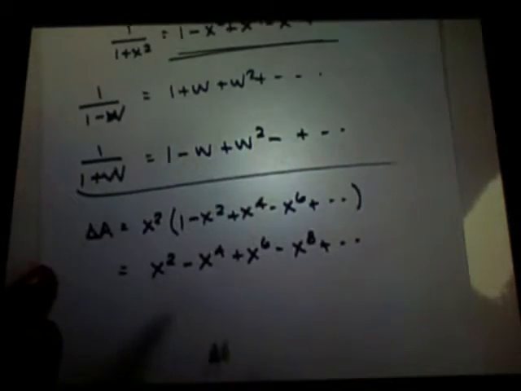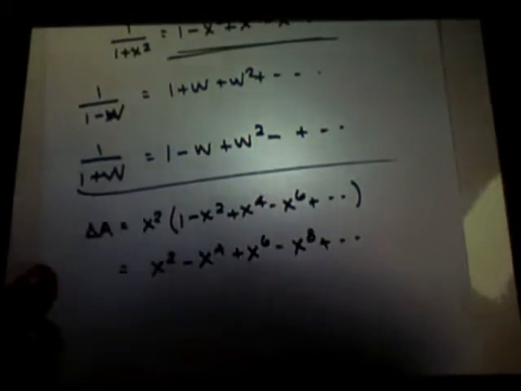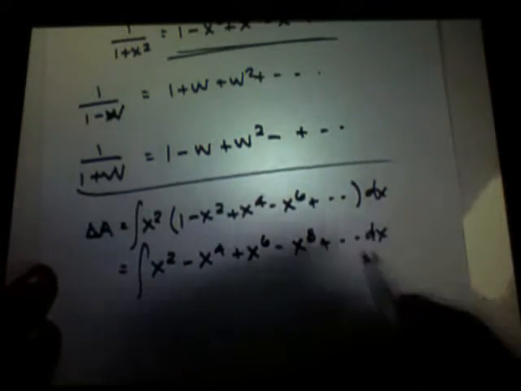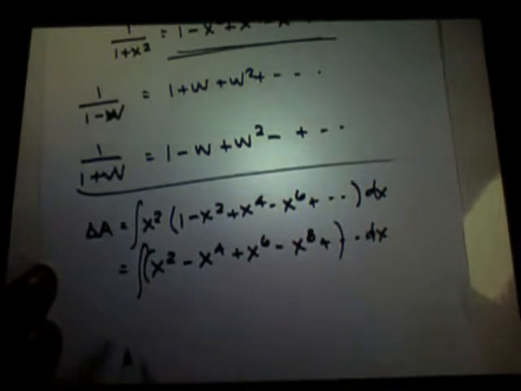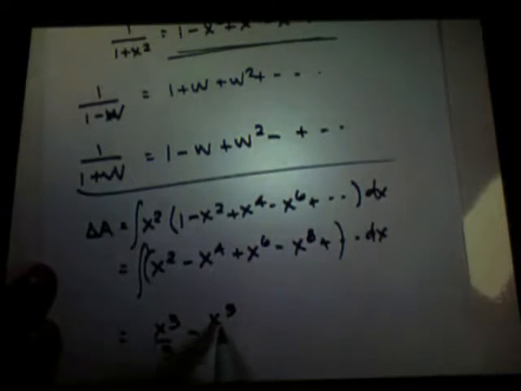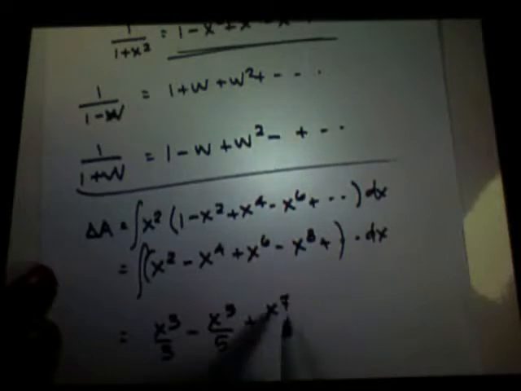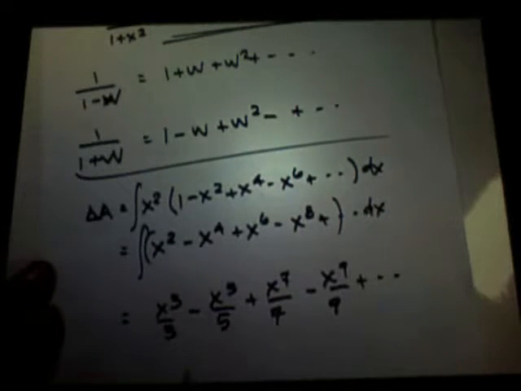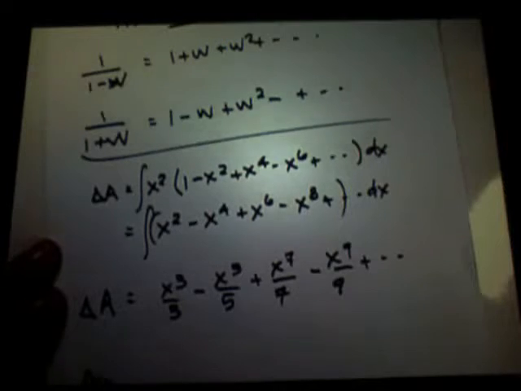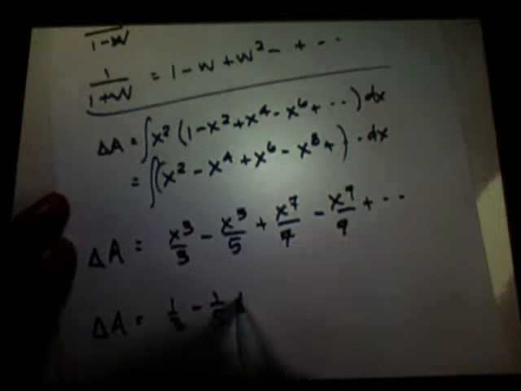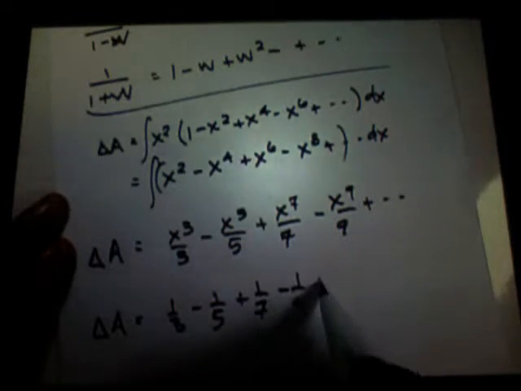When we integrate this term by term, we get x cubed over 3 minus x to the 5th over 5, plus x to the 7th over 7, minus x to the 9th over 9, and so on, from 0 to 1. So we get a third minus a fifth plus a seventh minus a ninth plus an eleventh.